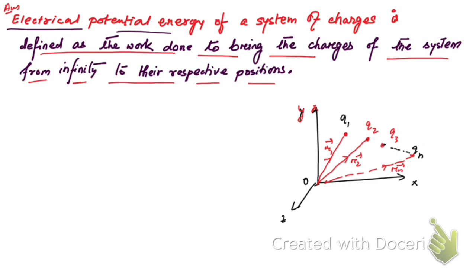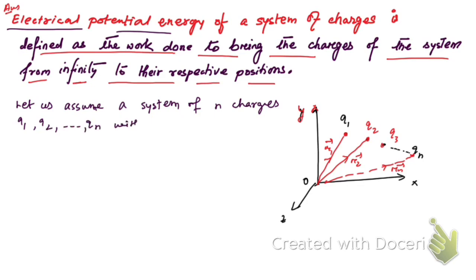Okay, so now you see, let me write one by one. Now let us assume a system of n charges q1, q2, up to qn with position vectors r1, r2, up to rn respectively, right?